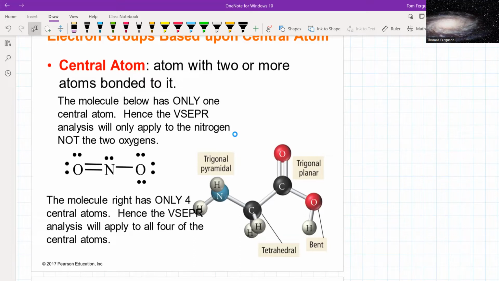Oxygen up here, only 1 bond, so it's not a central atom. So when we do a VSEPR analysis of glycine, we will have to do 4 analyses, 1 per central atom.